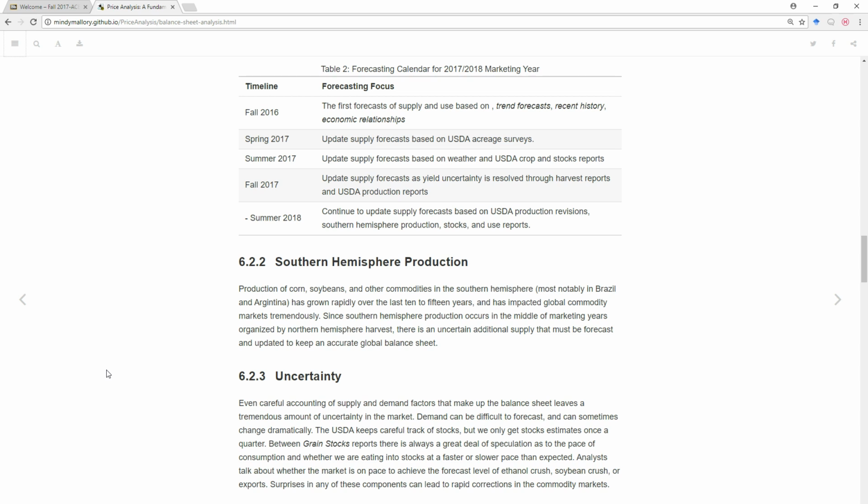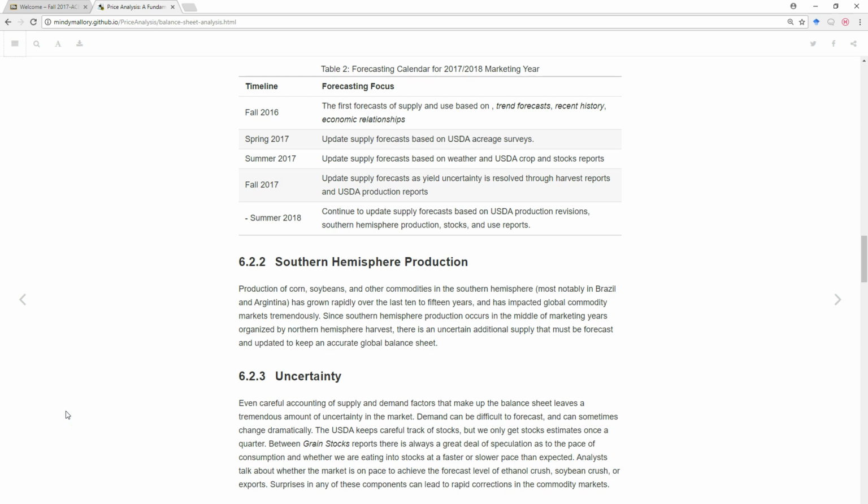And then also we observe the pace of consumption throughout that time, and also we see Southern Hemisphere production come into the picture between the fall of 2017 and the summer of 2018. So that's kind of the outline of that. And then even the summer of 2018 will still be revising those use categories because it won't be until a little bit after that that we really have a certain picture about what use really looked like.